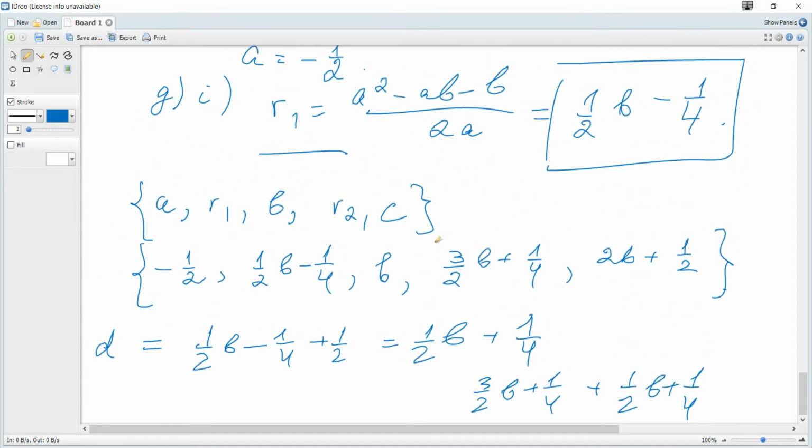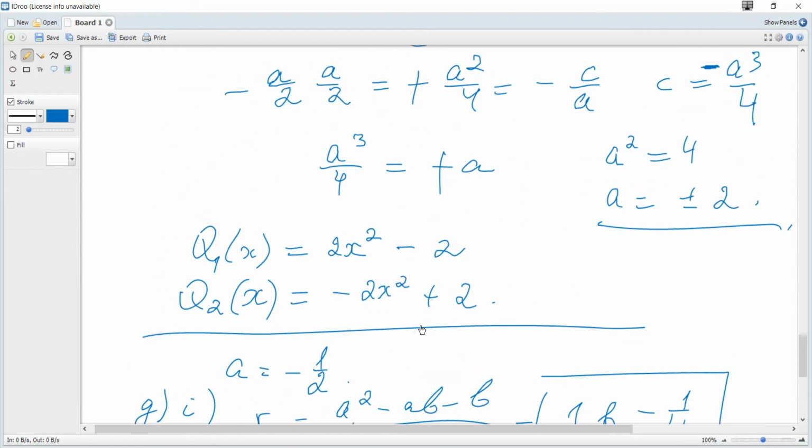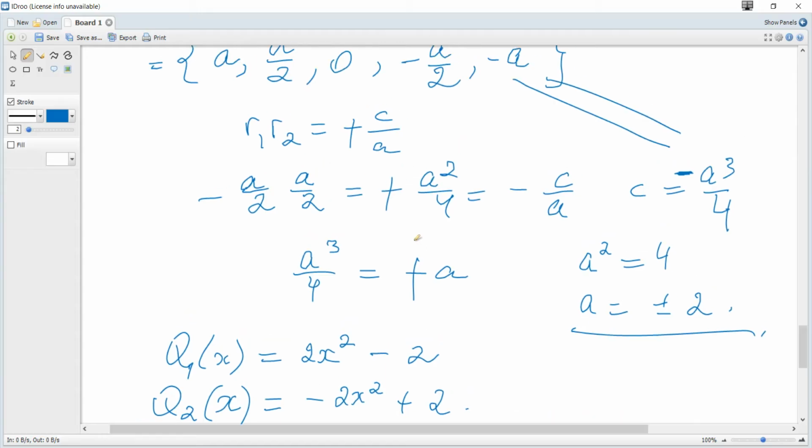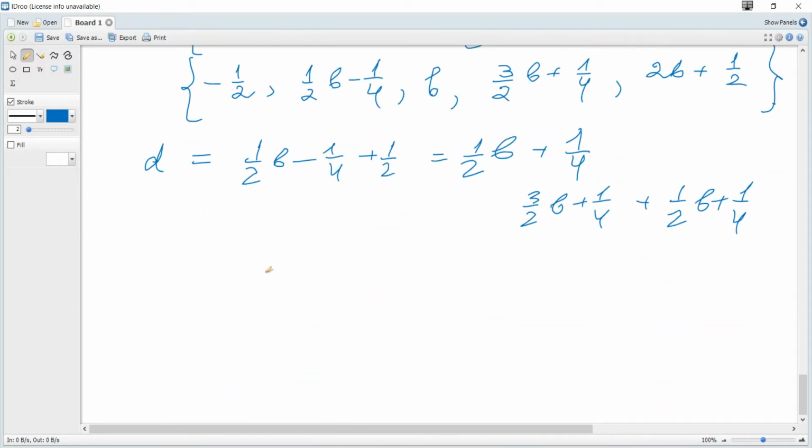We need another piece of information, and what can be used from the previous, or actually in general, is for example that the product is C over A. Why not the sum? Because I think that if we use the sum, we get again 0 is equal to 0.